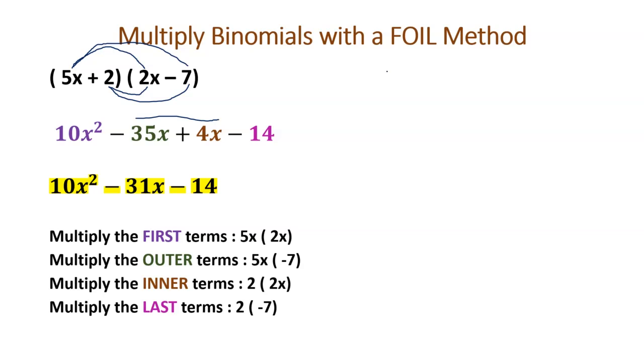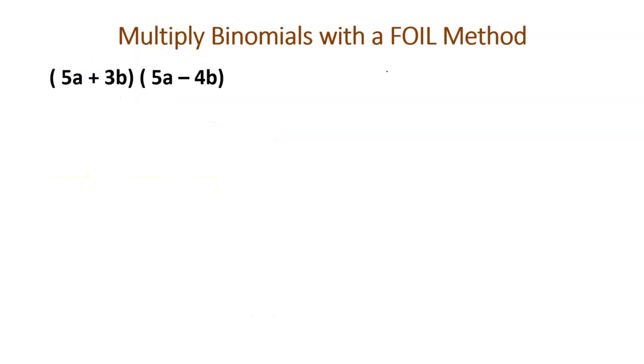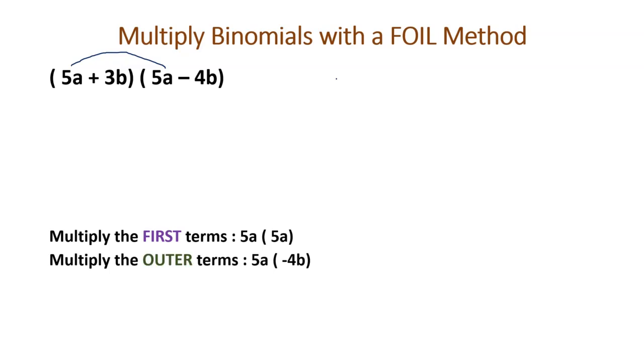Let's try one more example. 5a plus 3b times 5a minus 4b. First, I'm going to multiply my first term, which in this case is going to be 5a times 5a, which will give me 25a squared.